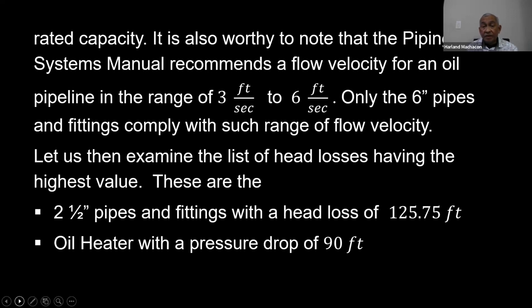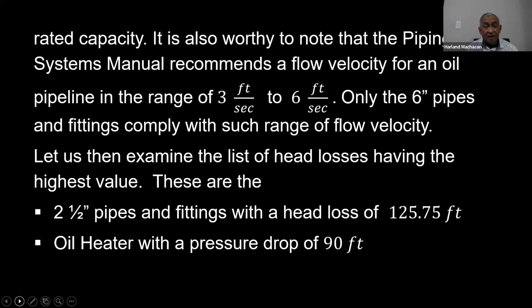It is worthy to note that from the piping systems manual, we show a recommended flow velocity for a pipeline in the range of 3 feet per second to 6 feet per second. And although the 4-inch pipes are quite close, only the 6-inch pipes and fittings comply with the flow velocity recommendation.